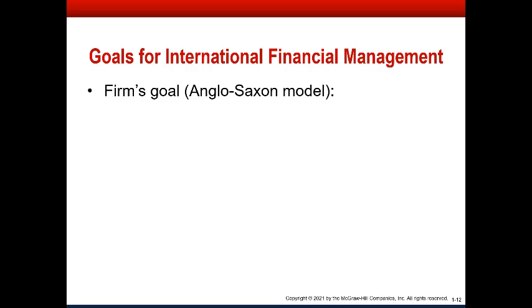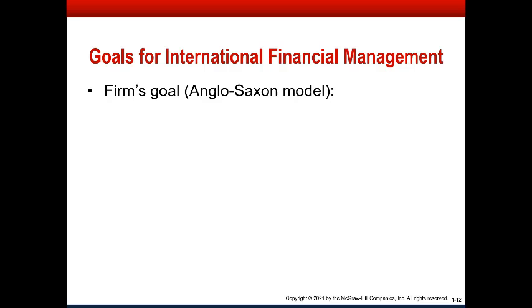Okay, finally, let's talk about goals for international financial management and how that differs from domestic corporations. The textbook talks about the Anglo-Saxon model. Now, the Anglo-Saxon model, think about the Anglo countries, which would be Britain, and then the Anglosphere, countries that speak English. So Great Britain, the US, Canada, Australia, New Zealand, actually a few others.